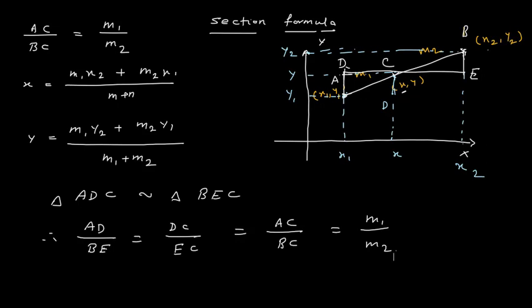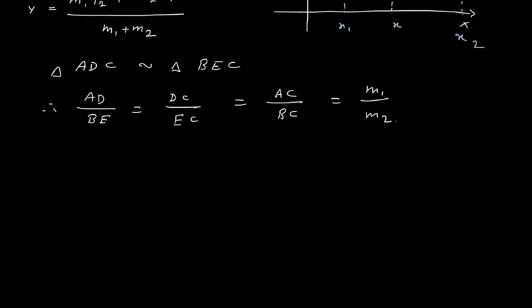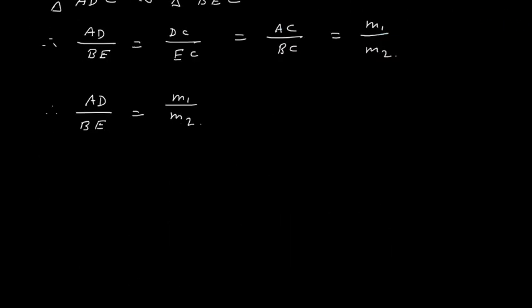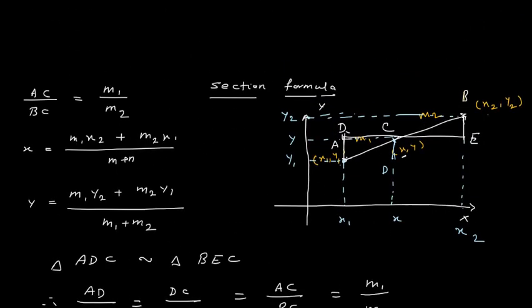Okay, so I can compare this AD upon BE with m1 upon m2. Now AD, if I see this height, what is it? It is y minus y1.